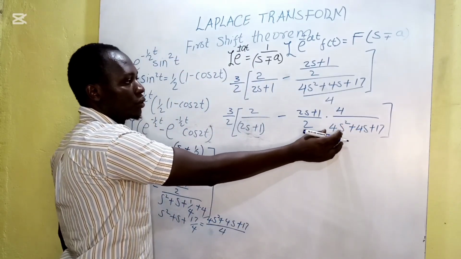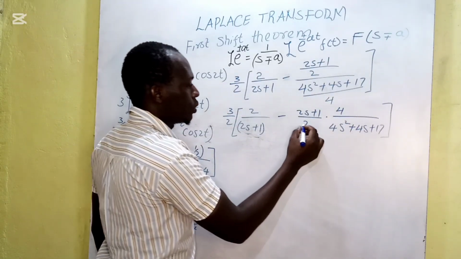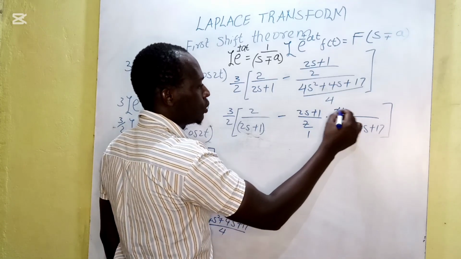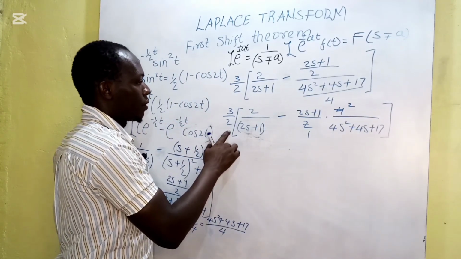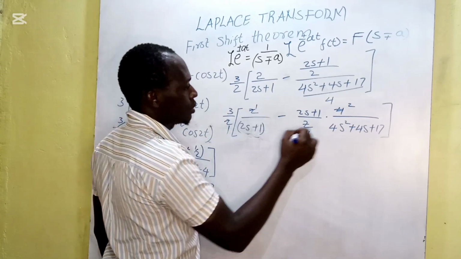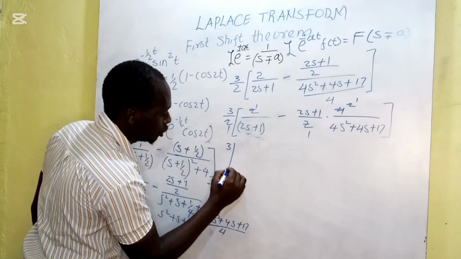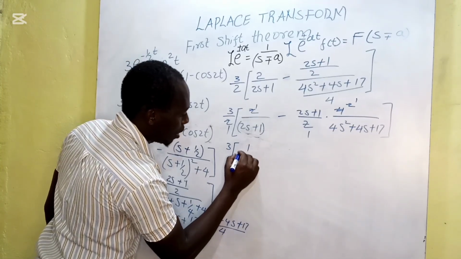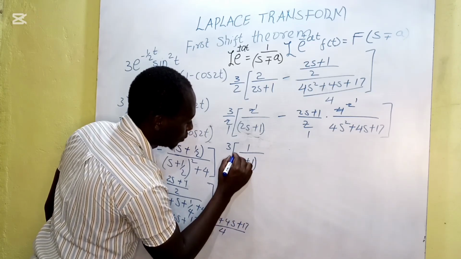That is how you are going to go about this improper fraction here. This 2 is going to cancel out here, this 2 is going to cancel out there. These two cancel there, and these two cancel there. So we are going to have 3 into 1 all over 2 as we add to 1.